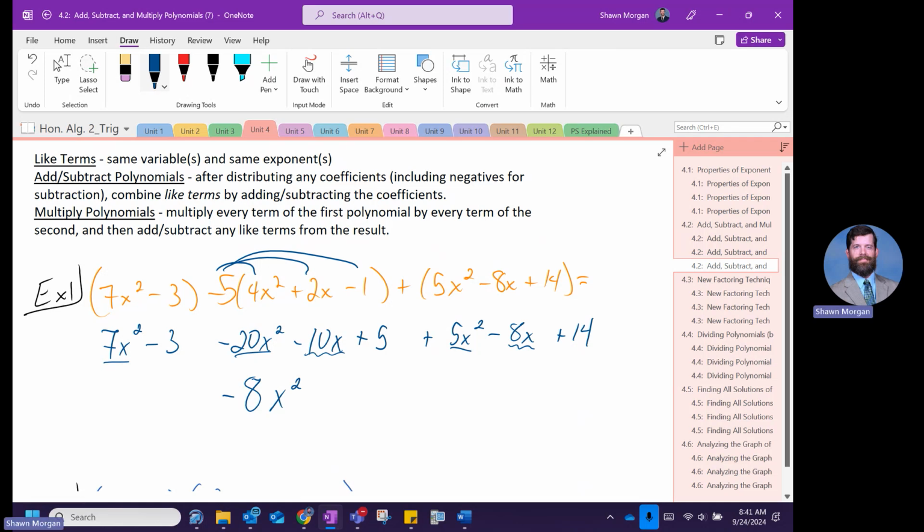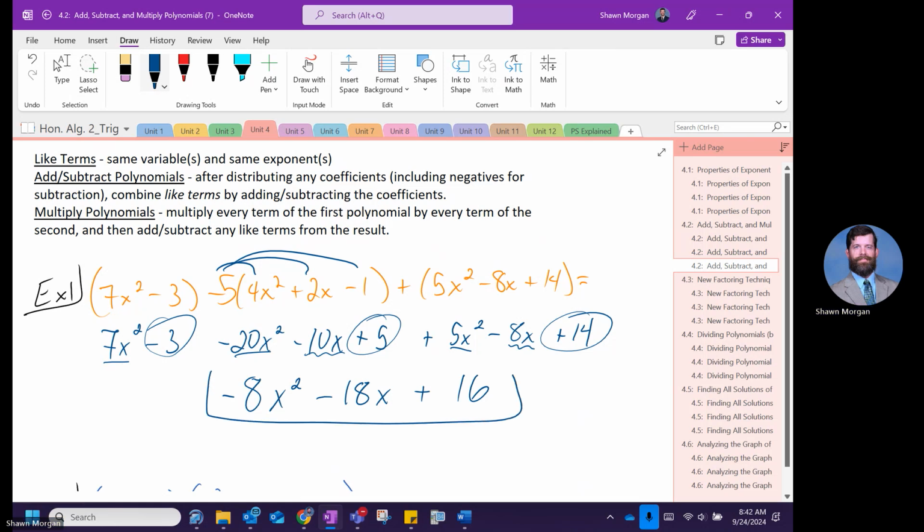So you've got a -10x and a -8x, which is -18x. And then Samuel, you've got your constants? Gotcha. That's what Cole was talking about. Plus 16. Okay, I can get down with that. So those three terms constitute our answer, and that's a pretty easy first example. At this point, we're just practicing consolidating.